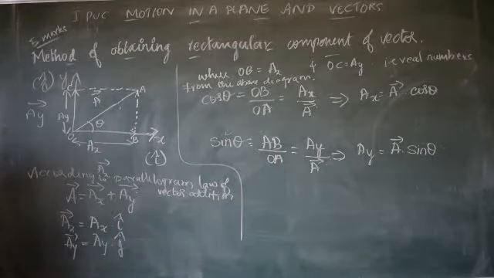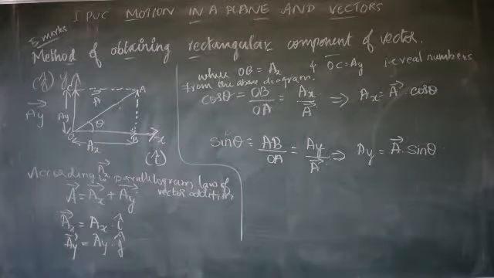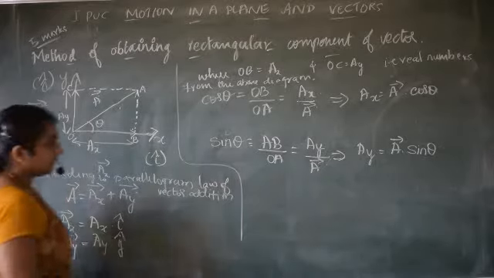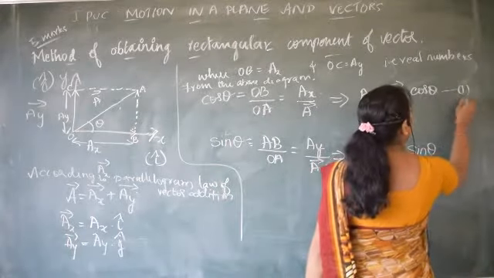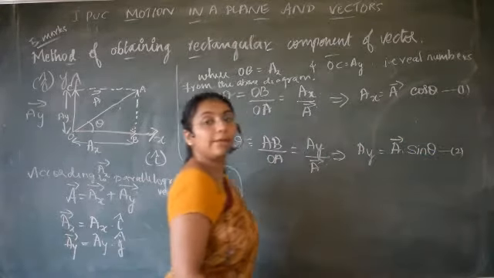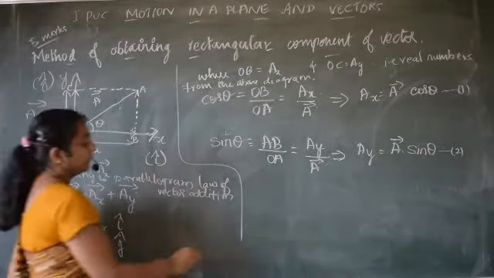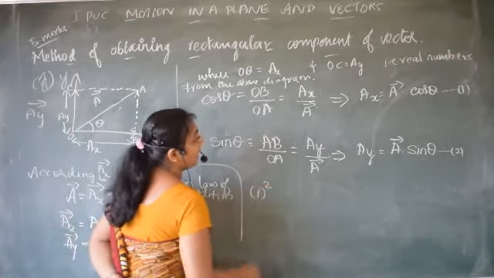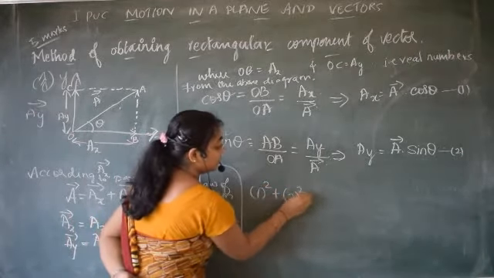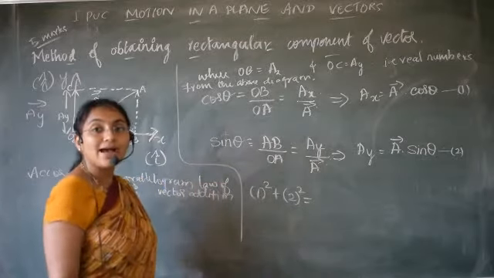Next, therefore, can I write the further expression as? You have to help me for the next expression. I will mark this as equation number 1 and equation number 2. Using equation number 1 and 2, square equation 1 and equation 2 and add them.